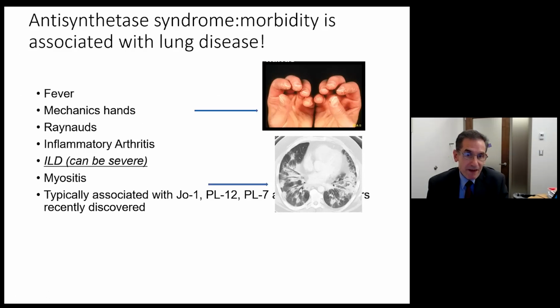Here's an example of a particular type of myositis syndrome called the antisynthetase syndrome. The morbidity and mortality associated with this phenomenon is mostly linked with lung disease.